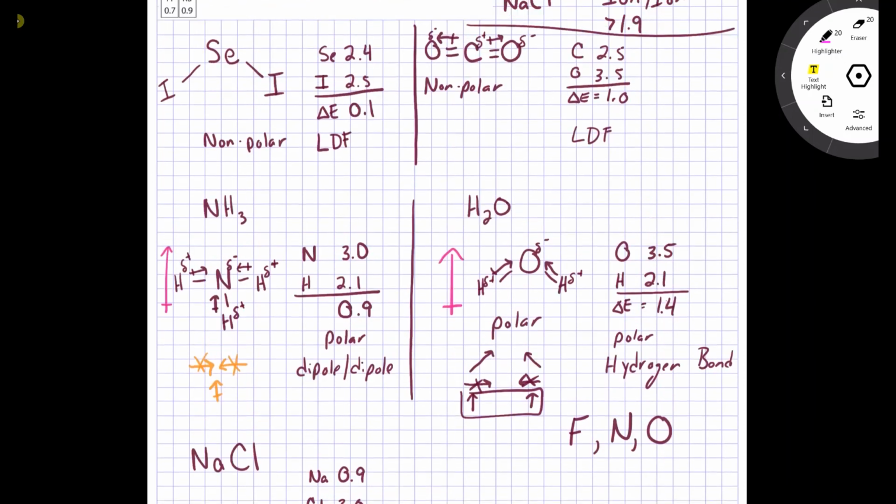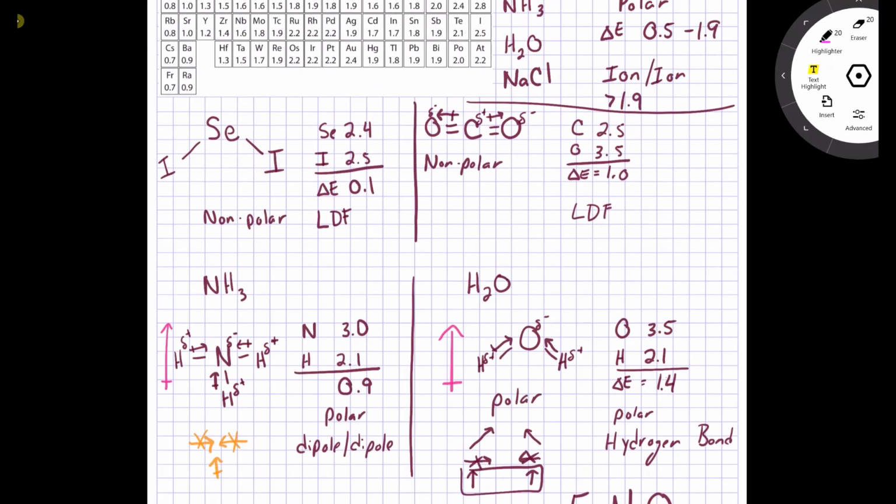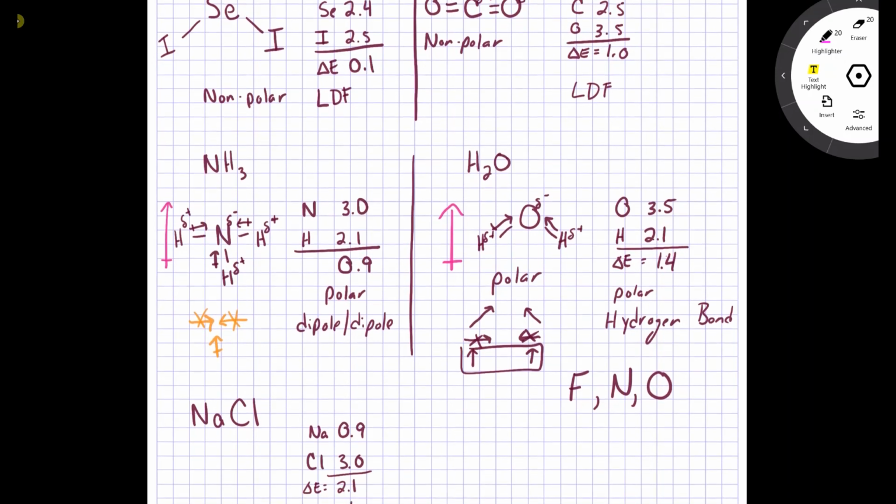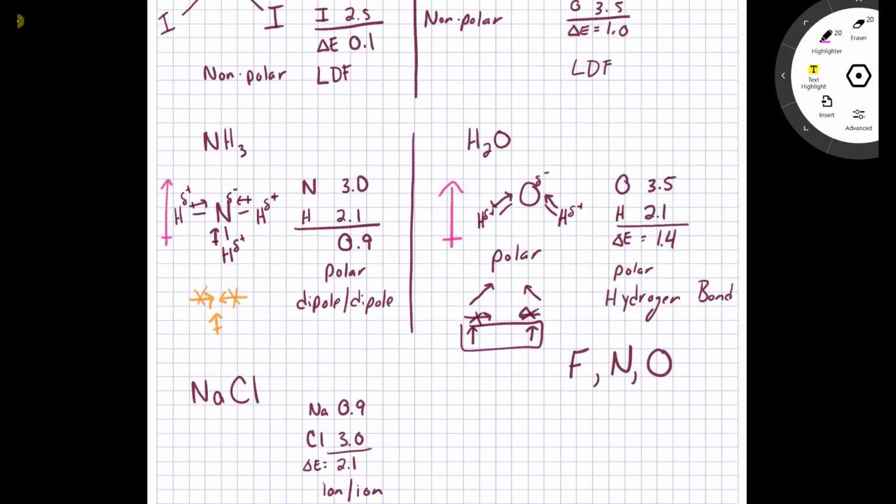So if I rank these in order, I have two LDFs. Well, the LDF that's stronger, that has more force, is going to have a stronger attraction to its atoms. So I have a 0.1 and I have a 1.0. Normally that wouldn't play a role in just determining the IMF, but because I'm trying to compare the two, I am going to consider them.